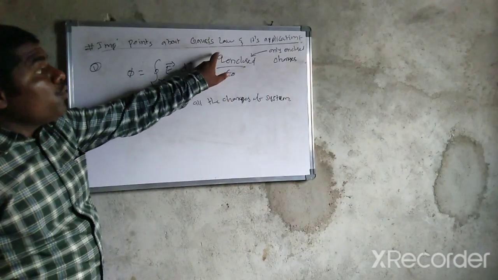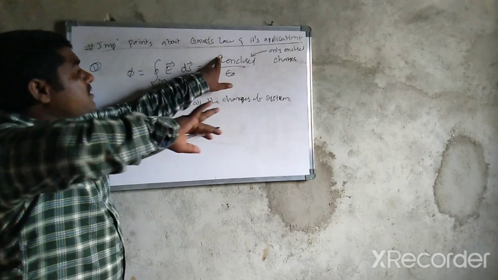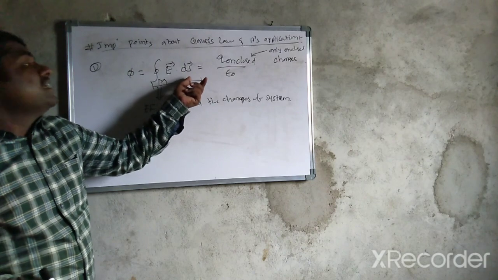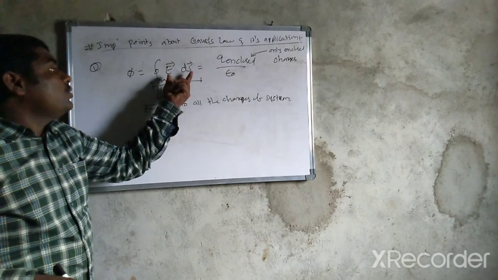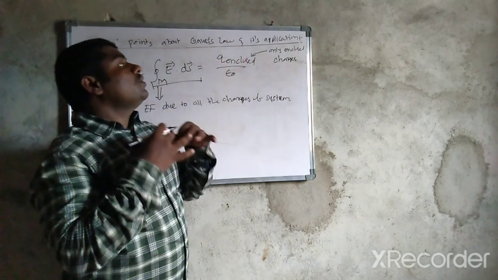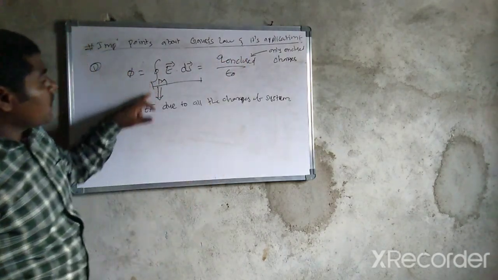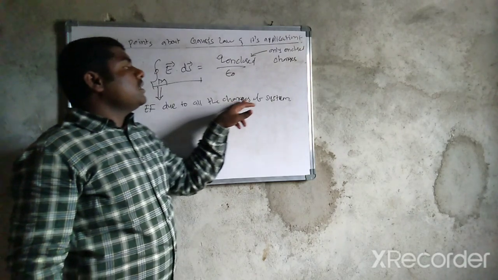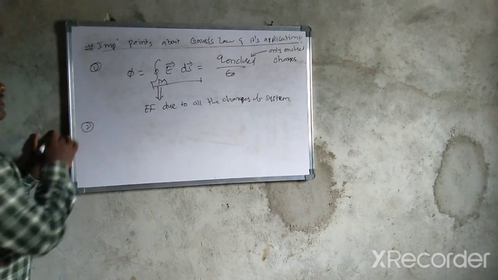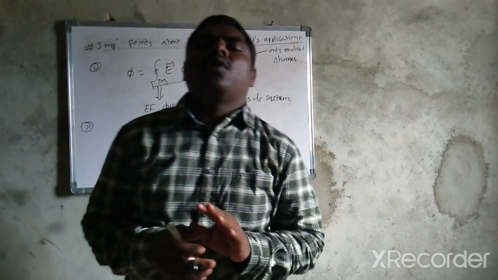But in this one, E dot ds, you may take the total charges for the field, but for Q enclosed you may take only the enclosed charges. The electric field is due to all the charges. Very, very important point.